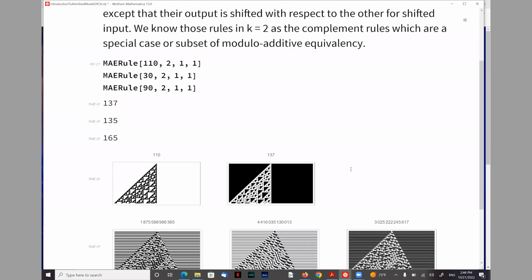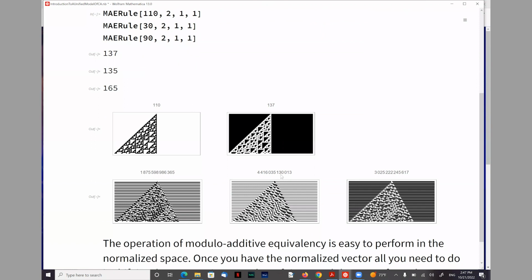So this is what we normally have seen as a complement. So 110 is actually 137 as a complement, or in my case is the Modulo-Additive Equivalent rule. Why is it that I call it that way? Is because when you go for K greater than 2, you no longer just have the flipping of the colors, but you actually have the shifting of the colors, of which, of course, the subset is the complement in K = 2.